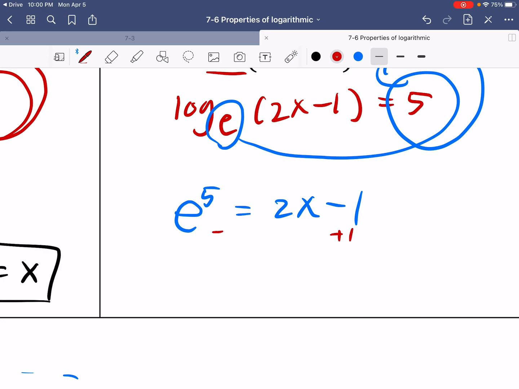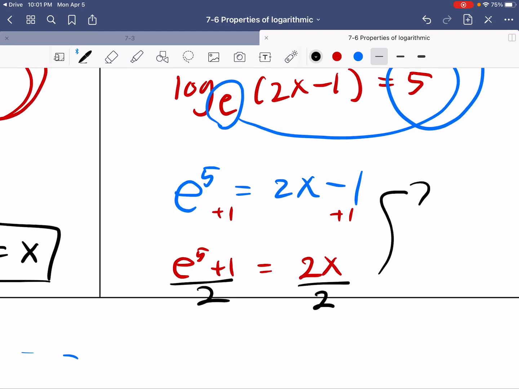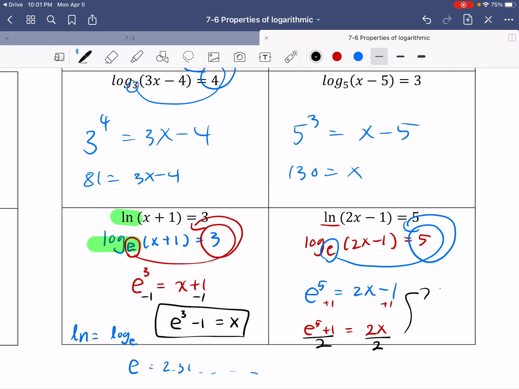So plus 1 both sides, you're gonna get e to the 5th power plus 1 equals 2x. If you divide by 2 both sides, you'll get what? I mean, it's what you have. e to the 5th power plus 1 over 2 equals x.